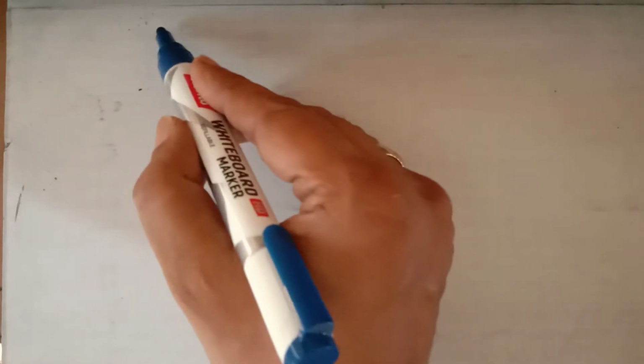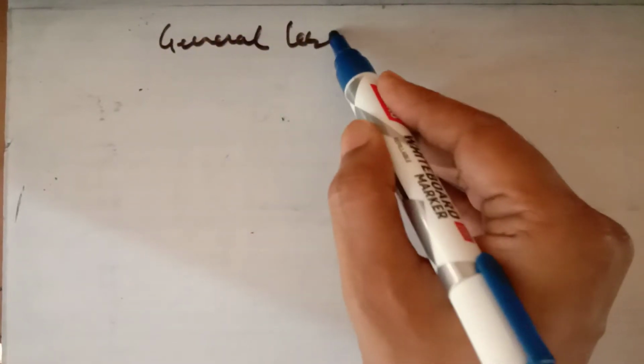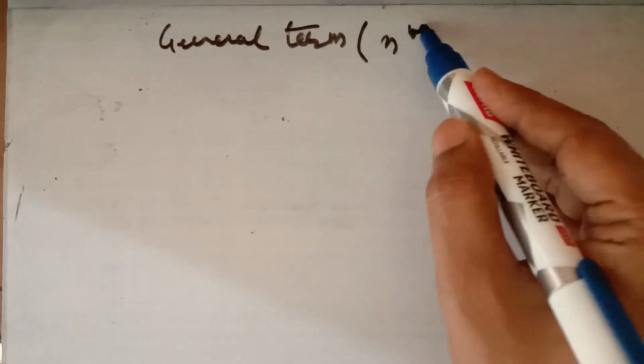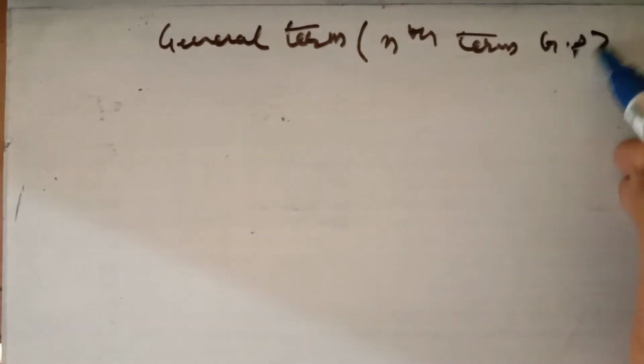Now after that, to find the general term, or the nth term, of a geometric progression. As I just told you, any term is r multiplied by its preceding term.